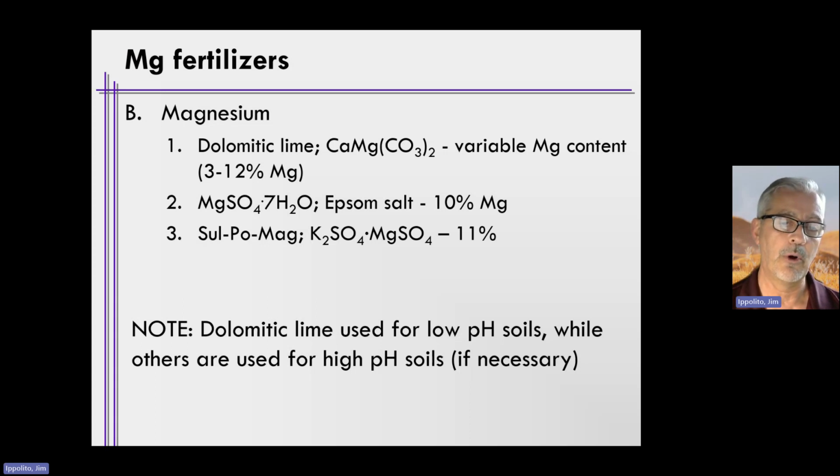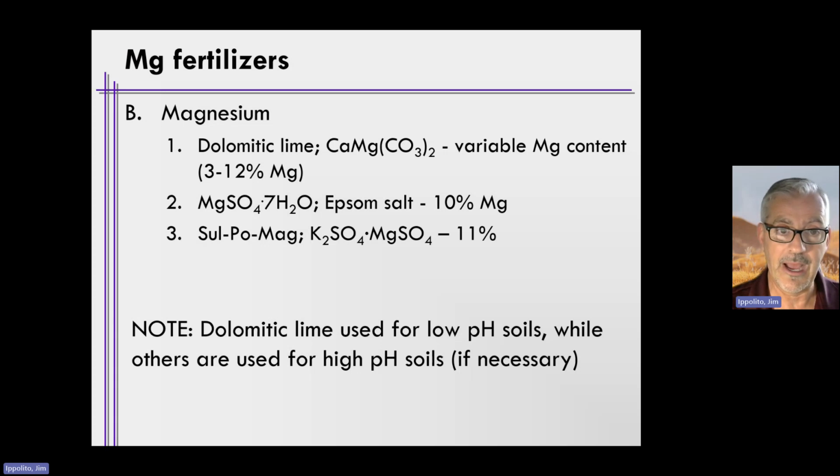And we talked about sulpomag if you go back to the videos that focused on fertilizers in the potassium unit, right? And so another big note, and I'll end with this, is that dolomitic lime is used for low pH soils, while those other sources are used for high pH soils if necessary.